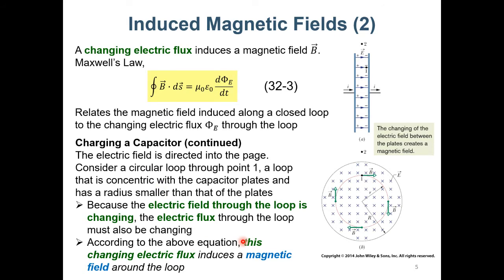So according to the above equation, this changing electric flux induces a magnetic field around the loop. So the magnetic field is like that.